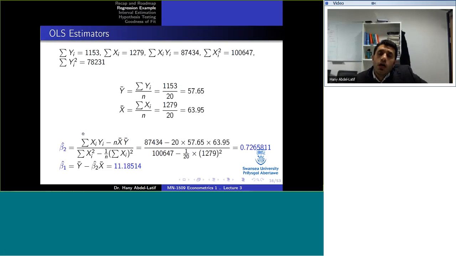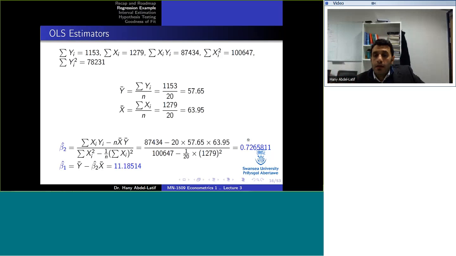This is the sum of xi yi, which we already have. N is 20. X bar and y bar we already calculated. Then we divide by the sum of xi squared, this number, minus 1 over 20, 1 over n times the sum of xi, squared. Once you do that, it's very straightforward, and you get the value for beta 2 hat.